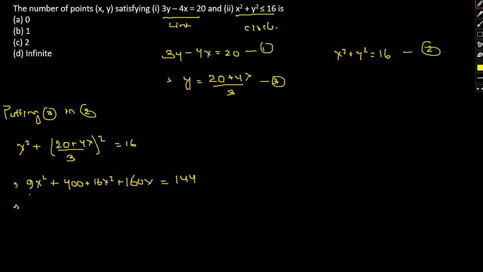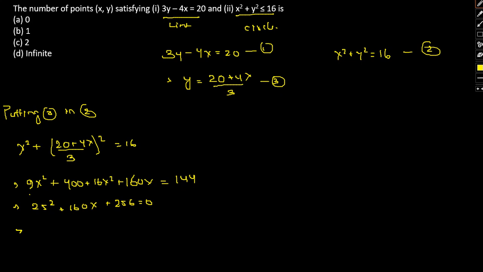So this would in turn give us 25x squared plus 160x plus 256 equal to 0. Okay, so this is what we have.